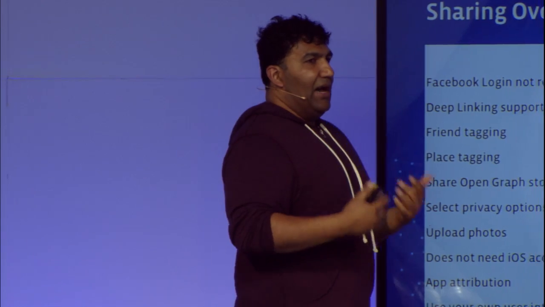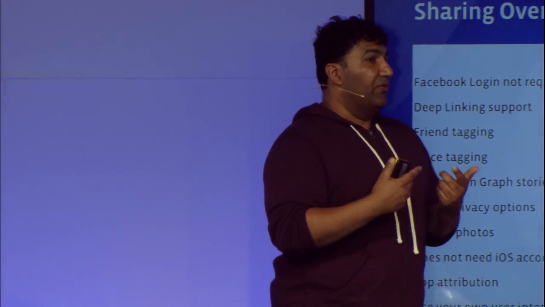And you are undoubtedly spending a lot of money or a really good amount of effort on building an awesome user experience for your apps. That's also pretty much these days required. And so when you build a great user experience inside your app, you want to make the sharing just as natural as everything else in your app. And in order to do that, you need to support Facebook login, and you need to support Facebook Open Graph.